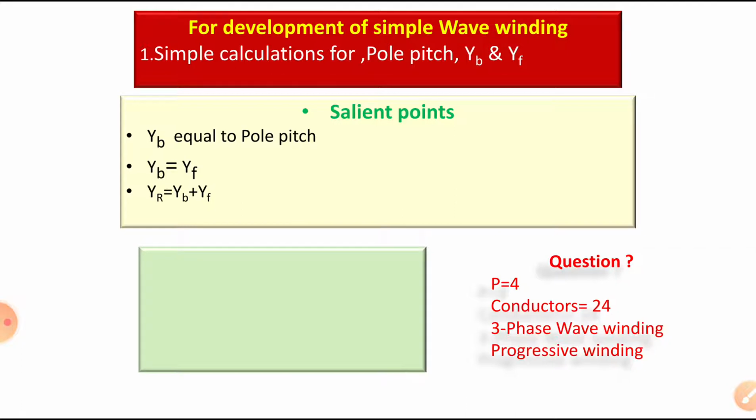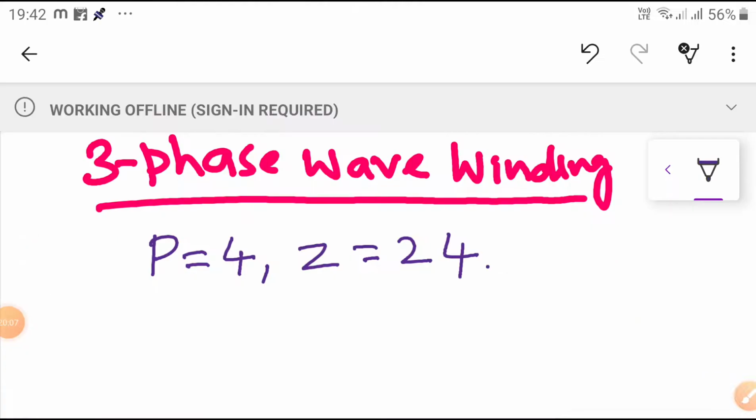So, what are the calculations? Conductors is 24, 3-phase, wave winding, progressive winding. Now, first you calculate the pole pitch. So, what is the pole pitch?